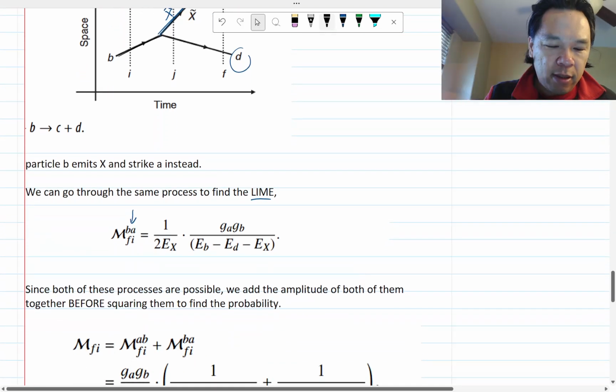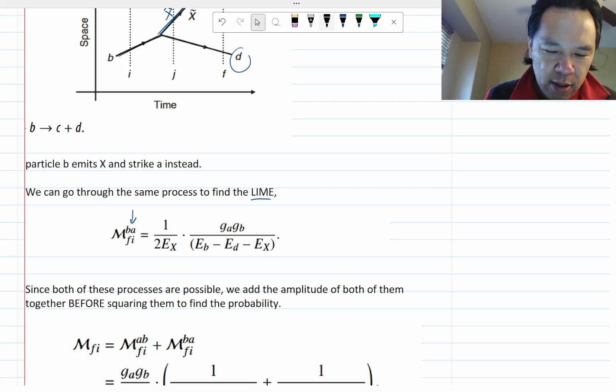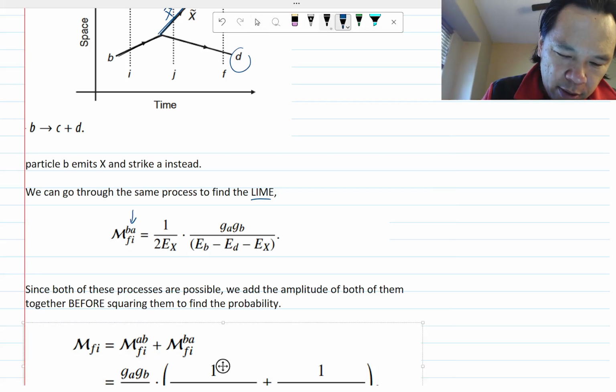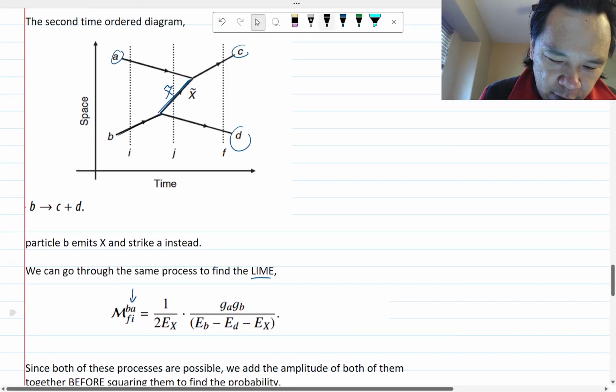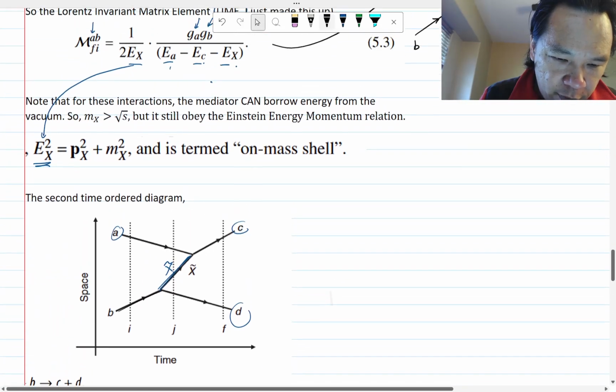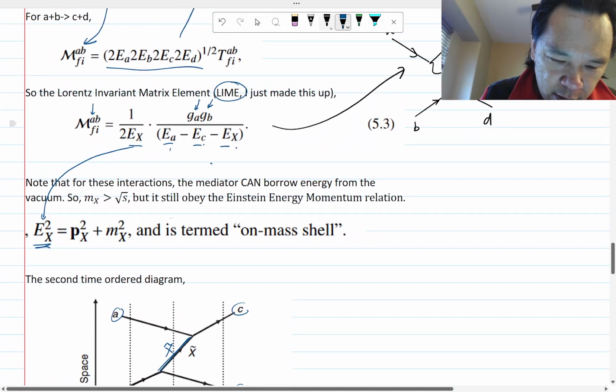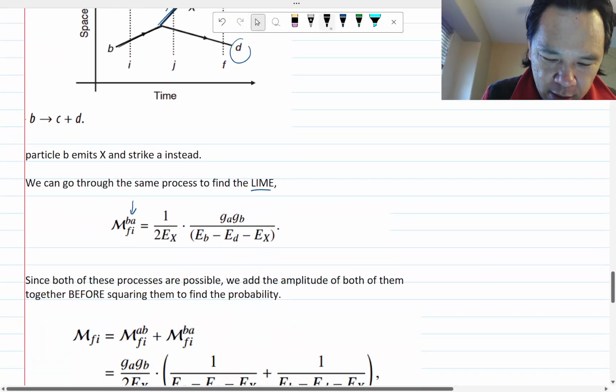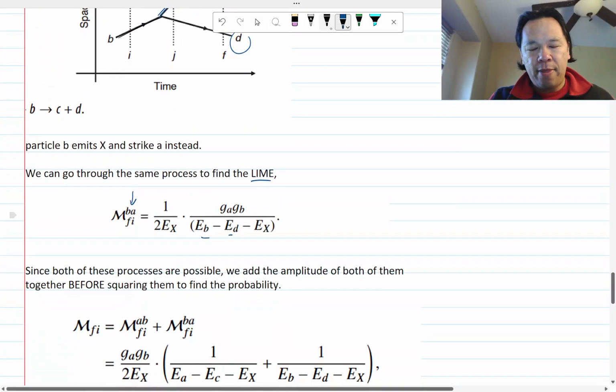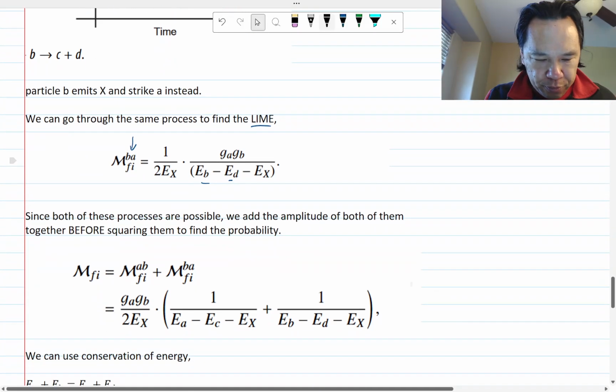Sorry if I'm mixing X and photon, because when we get to the end of this chapter, it's going to turn out to be the photon. It looks very similar. In fact, you can probably figure out what it is by just replacing wherever you see A and C with B and D, basically.